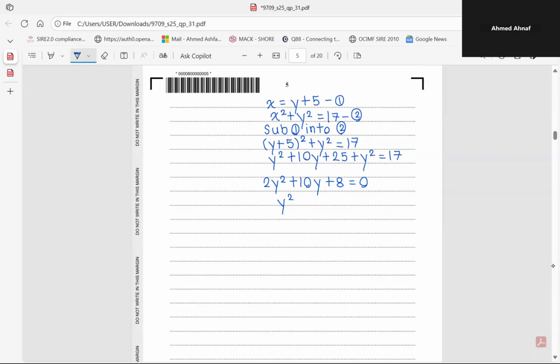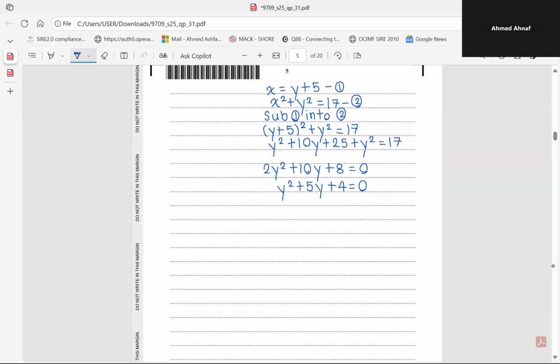And this is our final quadratic equation: y squared plus 5y plus 4 equals 0. In order to solve this, you can either use the quadratic formula or factorize, which is what I'm going to do. So we have y plus 1 and y plus 4.